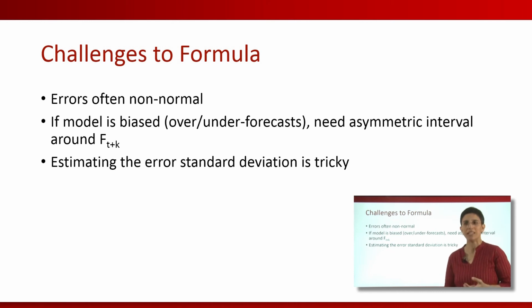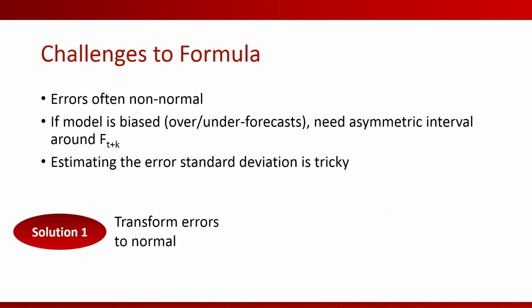The other problem is that if you think about how do I estimate the standard deviation, I need some errors in order to estimate the standard deviation. Where do I get those errors from? From the validation period. But the problem is the validation period is typically very short. If we do roll forward, we have a little more validation data, but typically we don't have a lot of data. So our estimates of the standard error are also not going to be very good. So these are the challenges.